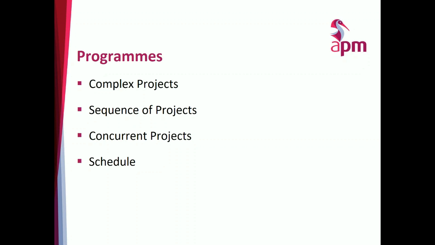The second of the most common types of programs would be a sequence of projects. An example I would offer here, which some may think slightly different: defence had decided, or rather government had decided, that the UK should retain warship building as a sovereign national capability to design and build warships.